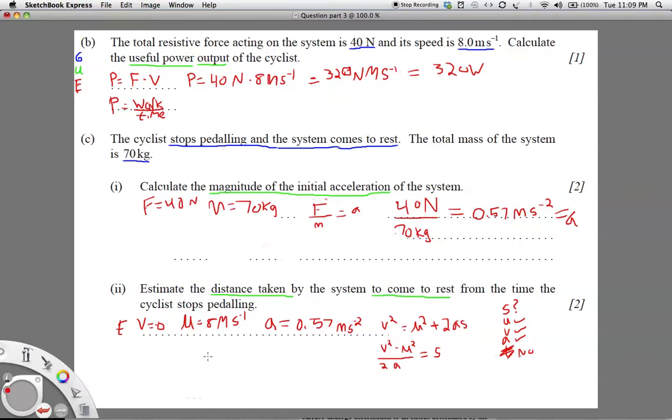The velocity and the acceleration are opposites, so if the velocity is positive, the acceleration is negative.